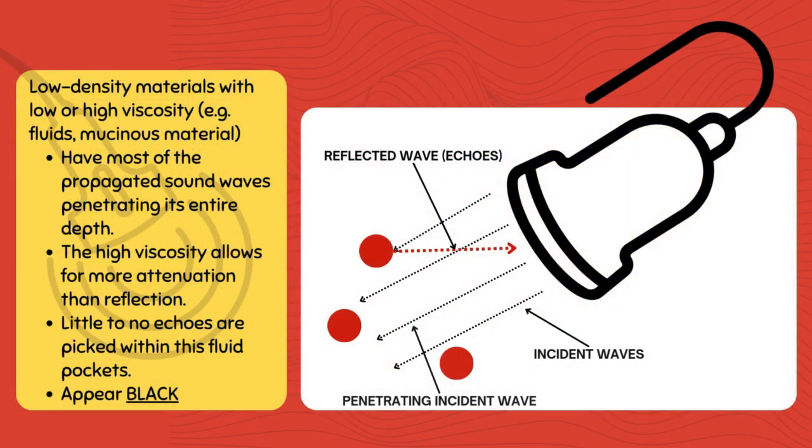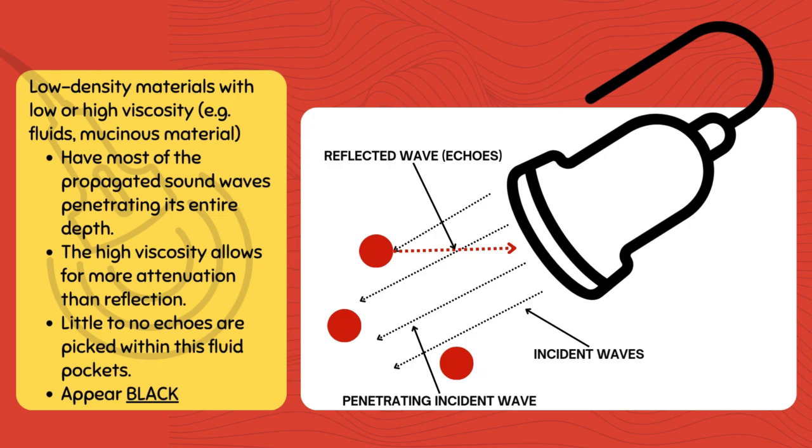Lastly, low density materials with low or high viscosity, for example fluid or mucinous material, have most of the sound waves penetrating the entire depth, and this would result in dark images as reflected echoes or reflected waves are reduced.